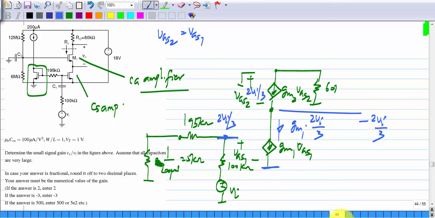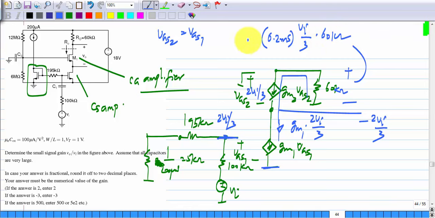This current GM1 times 2 Vi by 3 flows through 60 kilo ohms. So across this we have a voltage which is GM1, which is 0.2 millisiemens, times 2 Vi by 3 times 60 kilo ohms, with a negative sign because of the direction of the current.